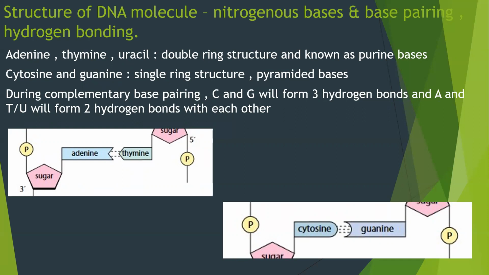And cytosine, thymine and uracil are single ring structures, the pyrimidine bases. And during complementary base pairing, cytosine and guanine will form 3 hydrogen bonds with each other, and adenine and thymine, or adenine and uracil, will always form 2 hydrogen bonds with each other. So you can recognize which bases are present by the number of hydrogen bonds if they give you a diagram.